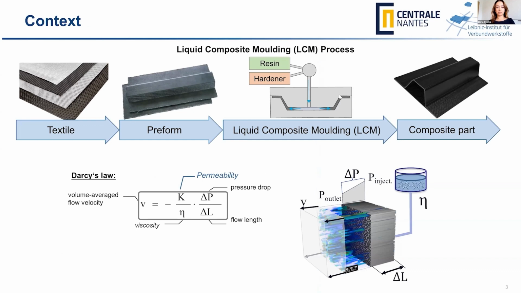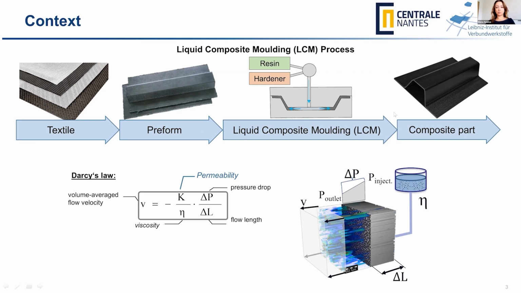So just a little context before, for those of you who are not familiar with these fibrous materials as reinforcements of composites. Basically, in composite manufacturing processes, we have initially the textiles, which are the reinforcements. Then they are preformed, put in the mold, injected with the resin.